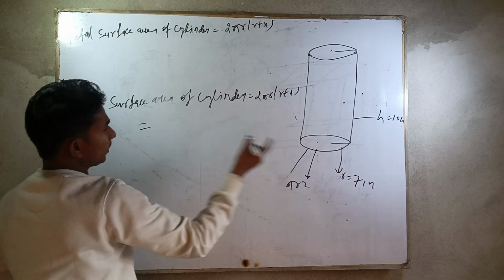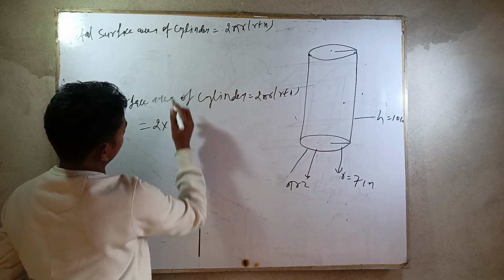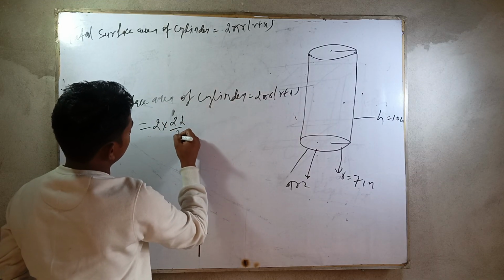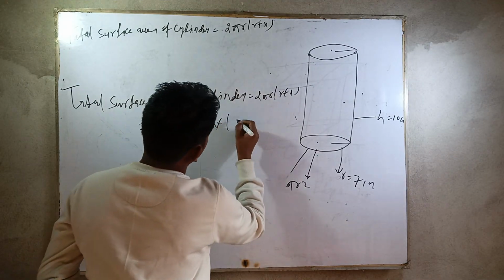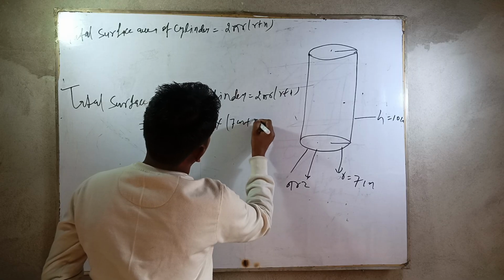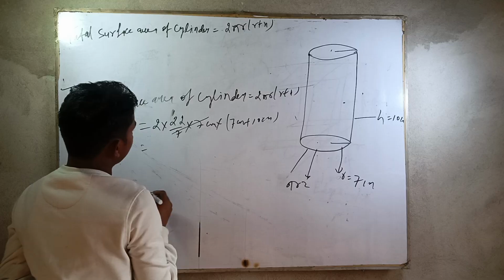If I replace the values, 2 into 22 by 7 cross r is 7 centimeter, again 7 centimeter plus 10 centimeter, then the 7 is cancelled.